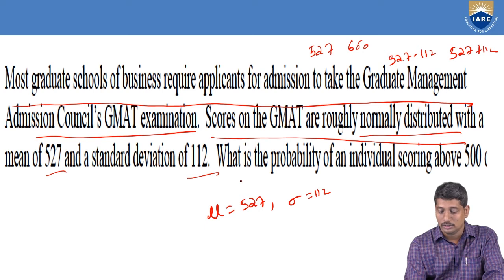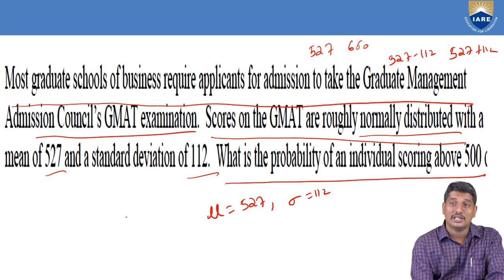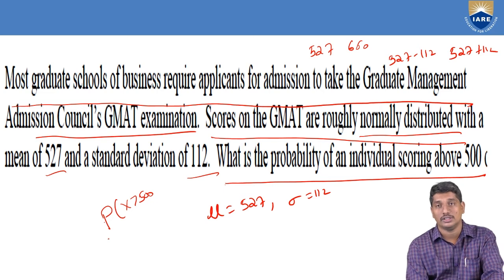What is the probability that an individual will score above 500? That means if you pick up a student randomly, he will score more than 500 marks. That is our targeted probability. What is the chance of a student scoring more than 500 marks in the GMAT exam?